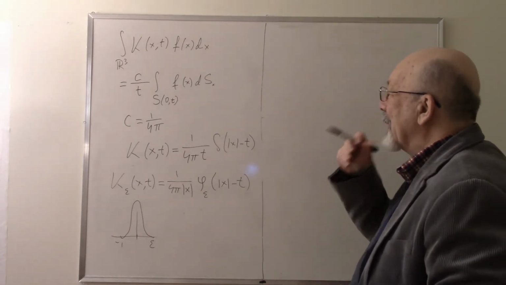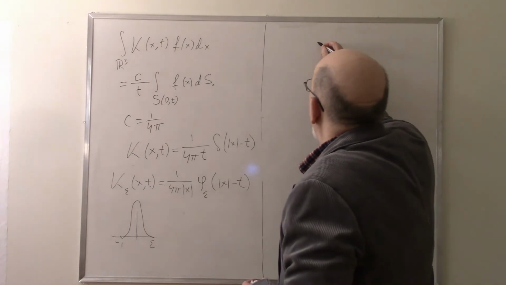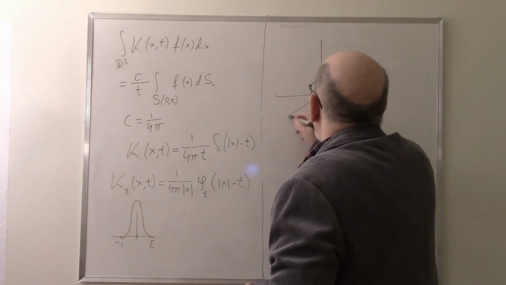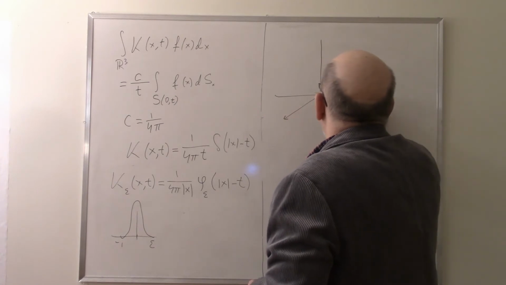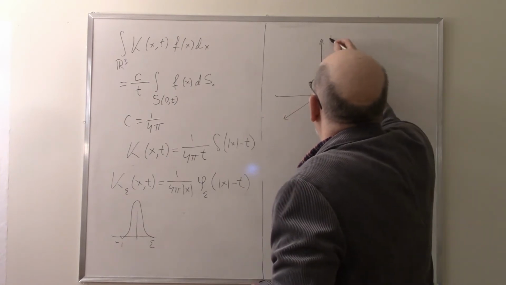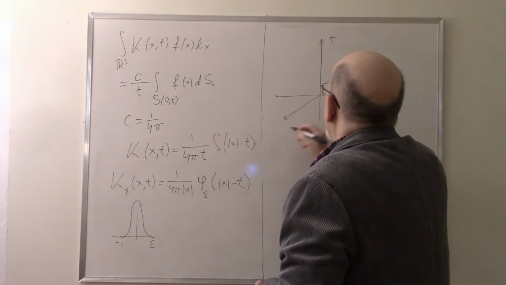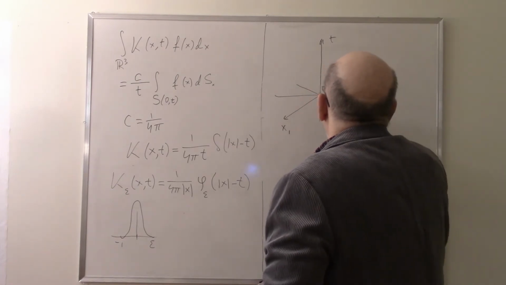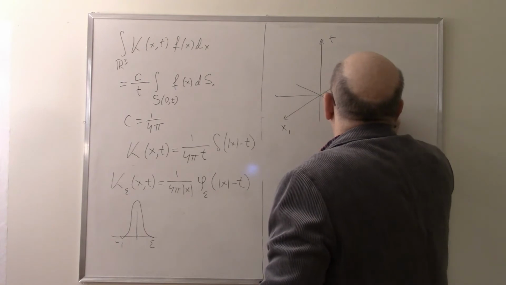Now, how does it look in the space x t? Imagine that this is the t-axis, and this is, say, x1, this is x2, and this is x3.